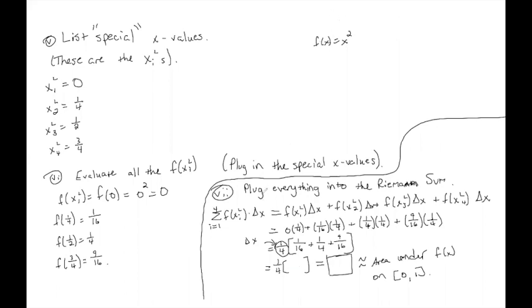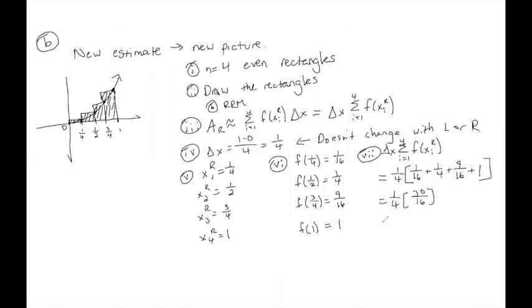Okay, so this is 30 over 16. I multiply it by 1/4, and I get 15 over 32. And remember, this is approximately the area under f of x on 0 to 1. Great.